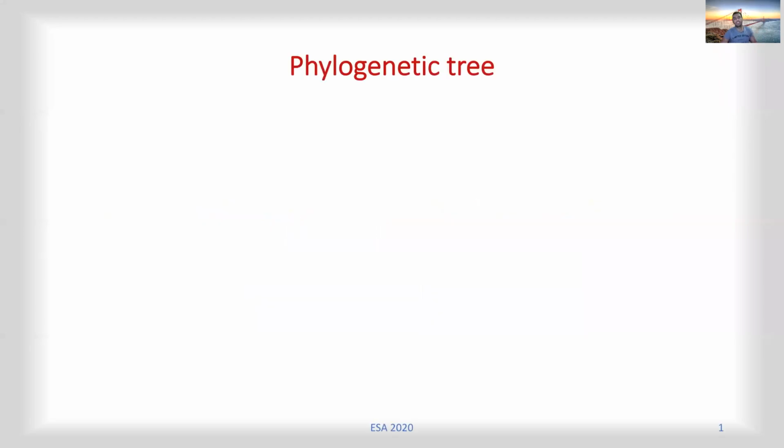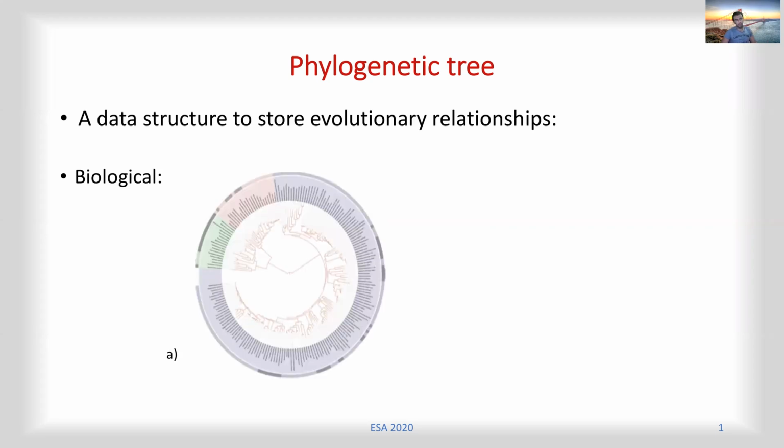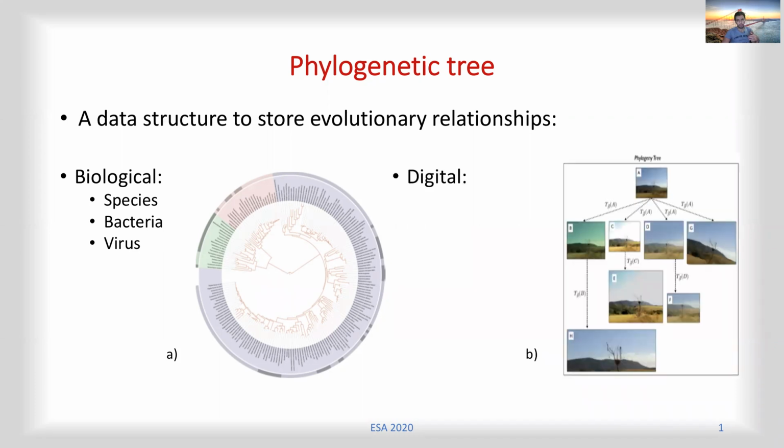So phylogenetic trees represent evolutionary relationships among a group of objects. For example, biological entities such as species, bacteria or viruses, and each biological phylogenetic tree represents the evolutionary process of these biological entities.